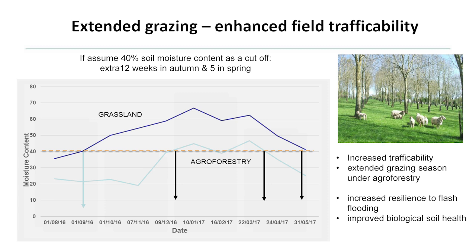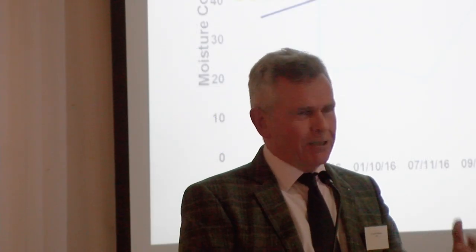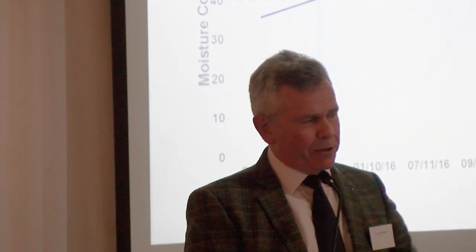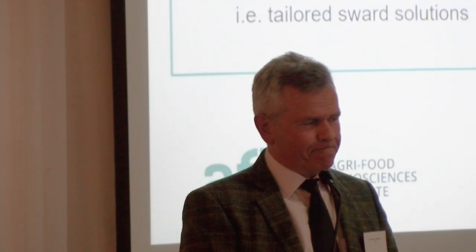And you can see there for the agroforestry field, right through from September to May, the grass-only field was above 40% in that particular winter for most of that period, whereas the agroforestry, with the extra value of the rooting and the porosity and the drainage capacity of that sward, was only at the 40% critical period for a relatively short time. So there's increased extended grazing potential to harness the grass supply that Tara was suggesting, through increased trafficability at the surface.